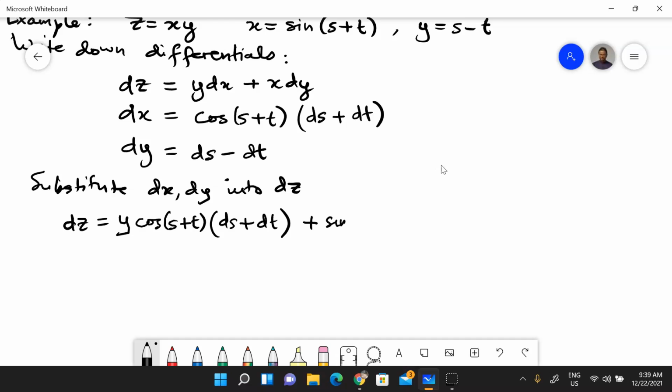Do I want to do that now? Maybe I don't need to do it. So let me just move that. I just keep the x there, and then dy is ds minus dt. Right. So now we collect the terms involving ds and collect the terms involving dt.